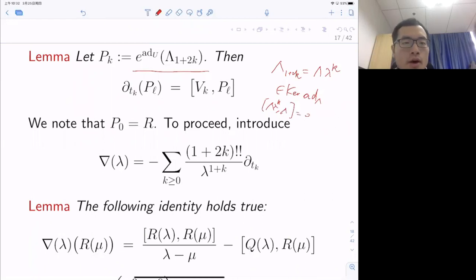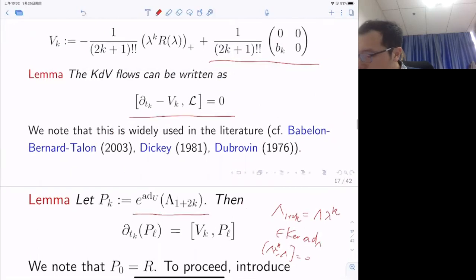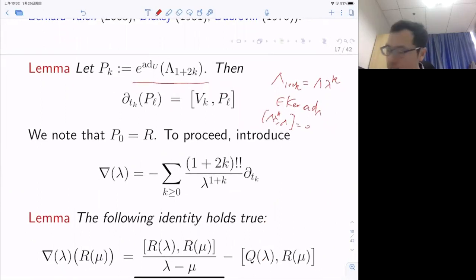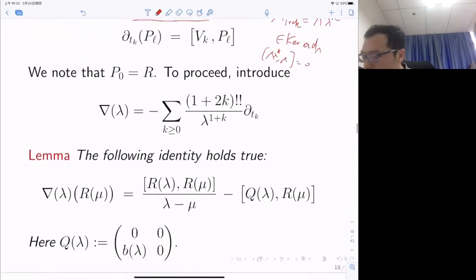So this is the bracket. In particular, in this definition, P_0 is just our matrix resolvent. So from this equivalent form of the KdV flows, you can find the evolution of P_l is given by the bracket between V_k and P_l.